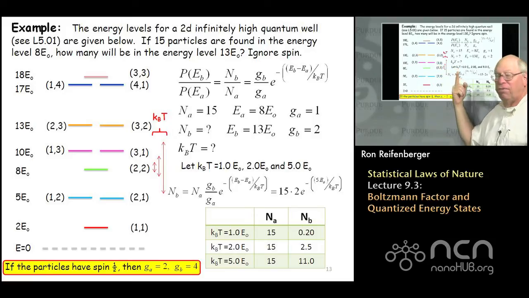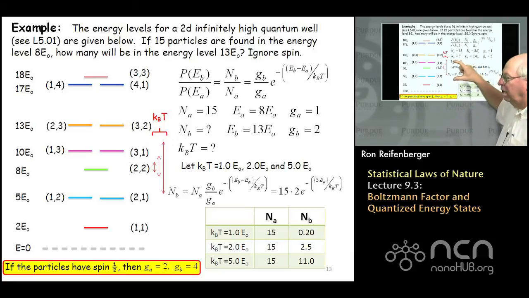I have to specify what kT is, and so to do that, I consider three cases. I let kT equal 1 E0, I let kT equal 2 E0, and I let kT equal 5 E0. So I just consider different temperatures to show you how the answer depends on temperature, right?